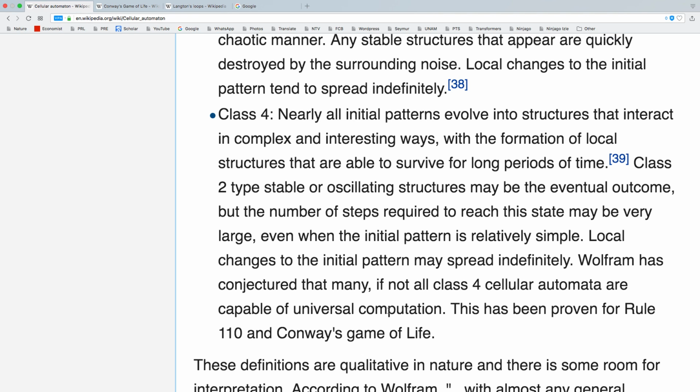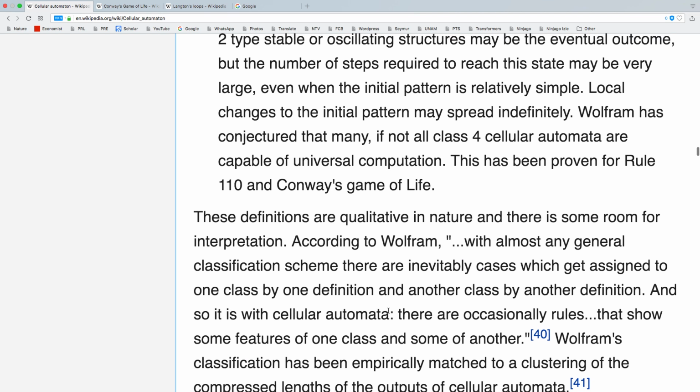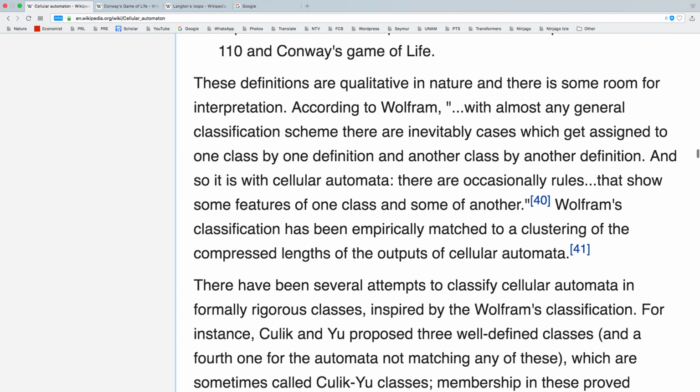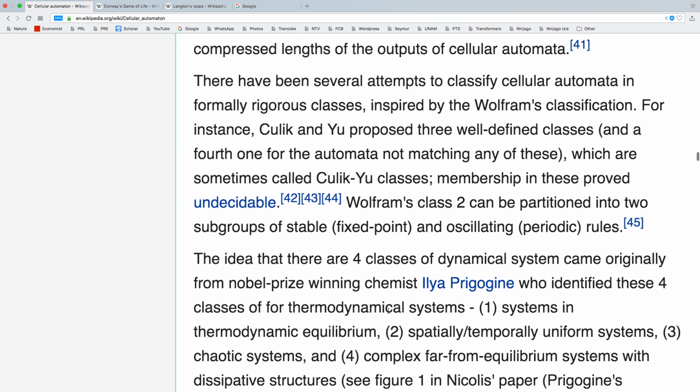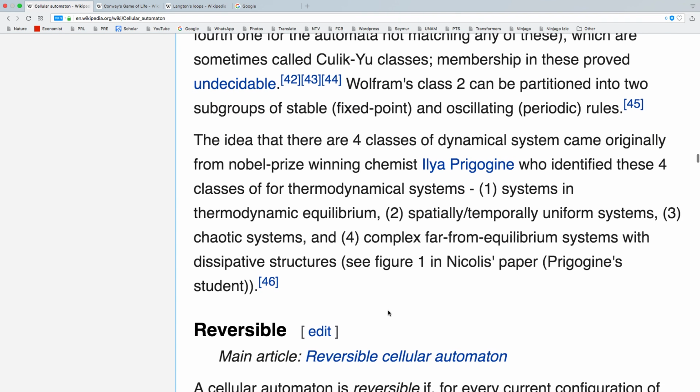Okay, what is universal computation? I don't know, but it's something. Whenever you get it, it's really, really important. Well, the good thing is that it connects with nature.